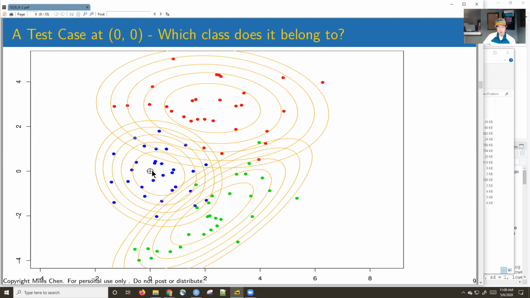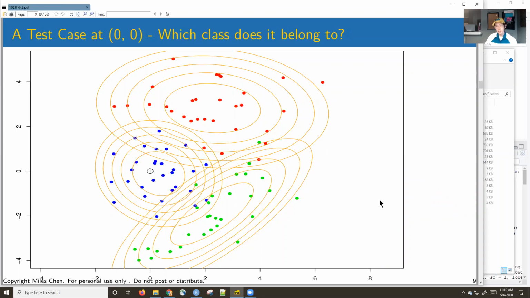Its contour lines are approaching this dot, and then the least likely would be the green, because it's quite far away from these contour lines, indicating that it would be an extreme value here. But the most likely would be the blue class for this test case right here.